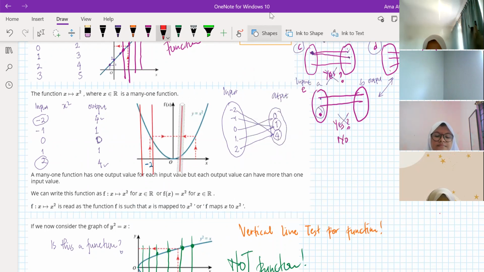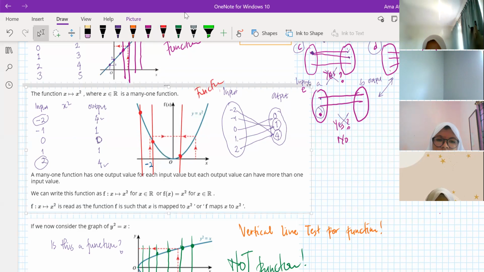No matter the vertical lines that you are making, it will just give you one cutting point, and therefore it is a function. One point at one, right? So it is a function.